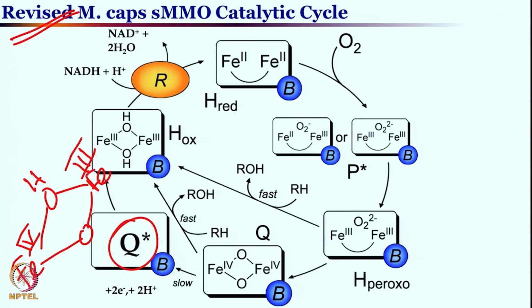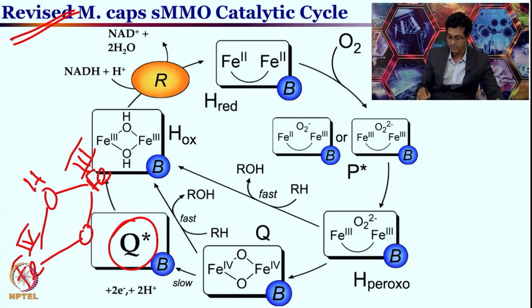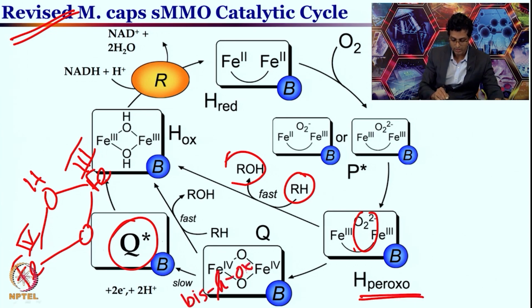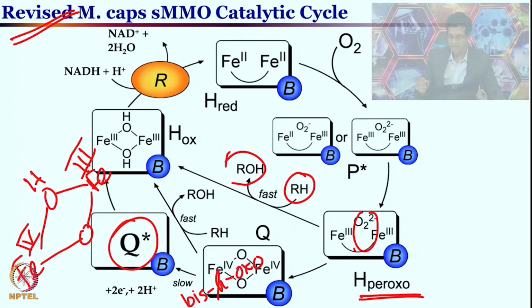More importantly, I believe that this peroxo intermediate can also react with the methane substrate to give you the methanol along with the formation of a diiron 3 dihydroxo intermediate. This peroxo and this bis mu-oxo intermediates are quite exciting for this species, as we have noticed.